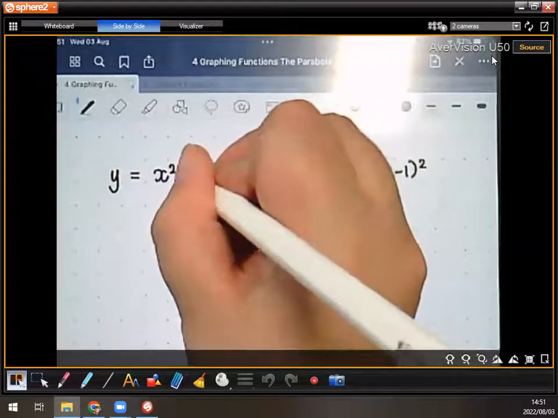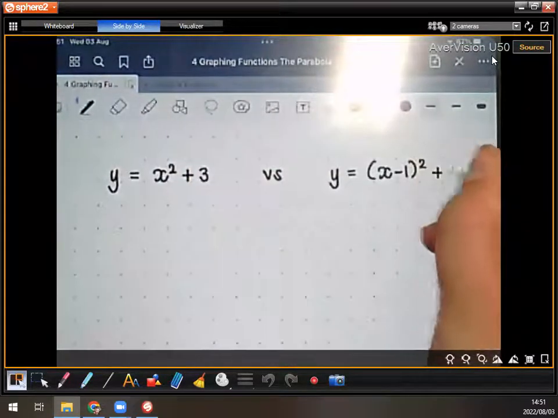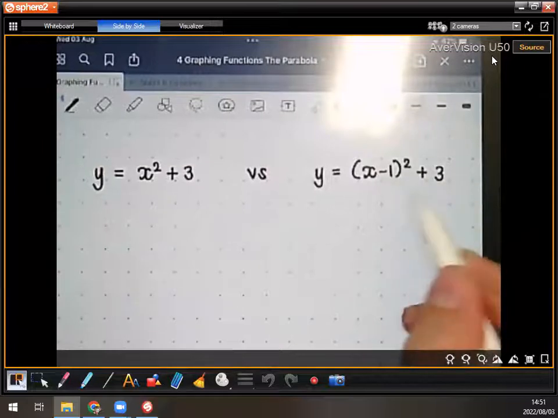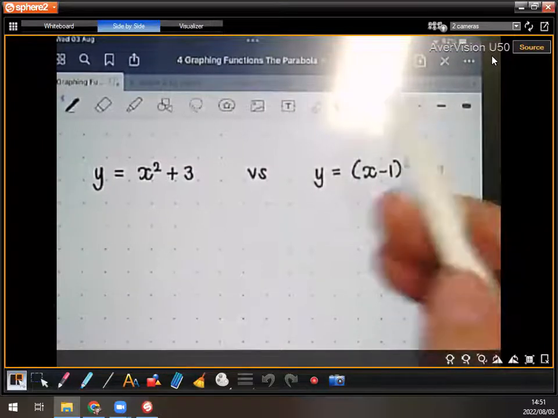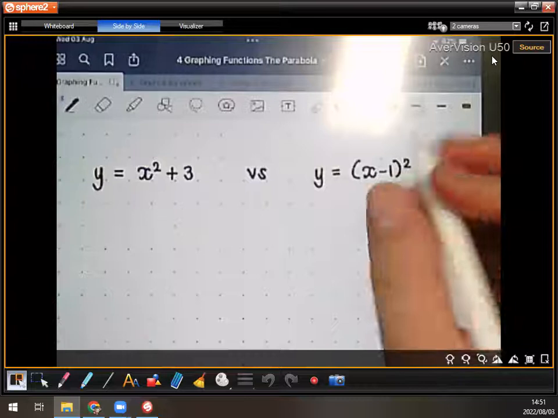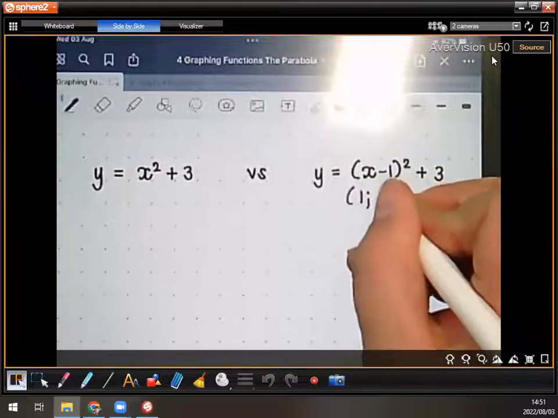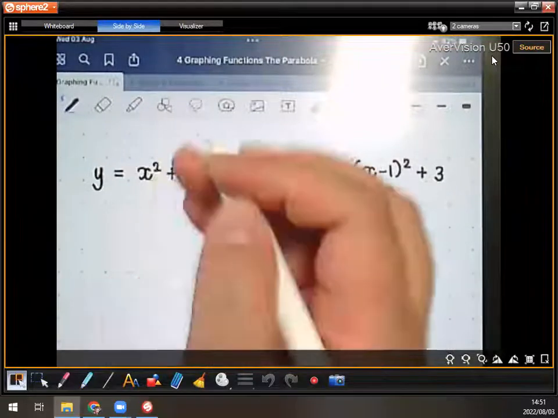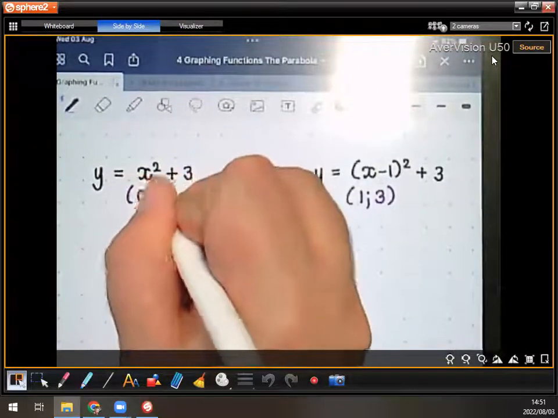Let's do a plus 3 actually, and a plus 3, so that's a bit more realistic. If you just want to think of the turning points of these graphs, right? This is definitely written in turning point form. So the turning point of this graph is going to be 1 and 3, right? But the turning point of this graph is going to be 0 and 3.